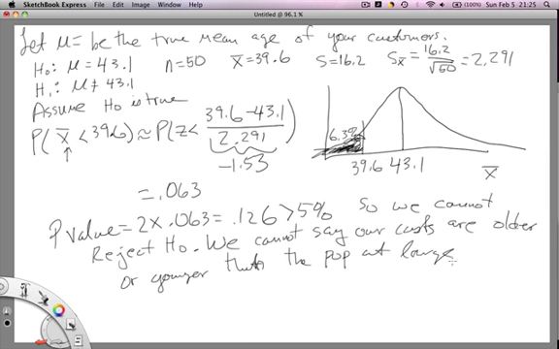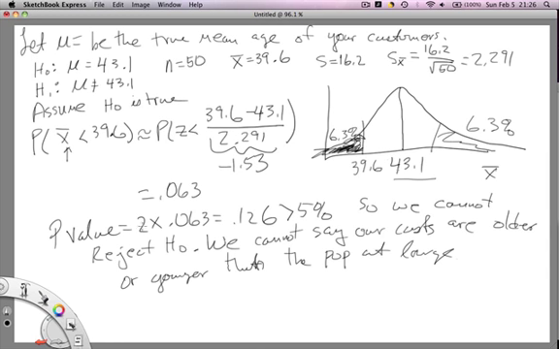All we are saying is that we can't rule it out. So if this were the mean, then about 6% of the time we would get a number like 39.6 or less, or 12%, 13% of the time we would get a number that's this extreme or more extreme, considering the other tail out here that has an area of 6.3 as well. Therefore, we cannot rule that out. I mean, the true mean might be 43, it could be 43.2. All we're saying is that we can't rule out 43.1.